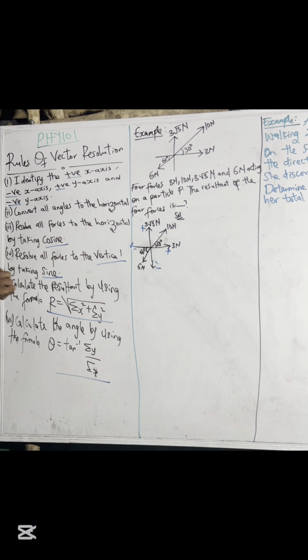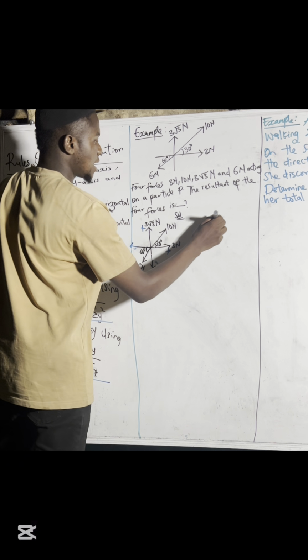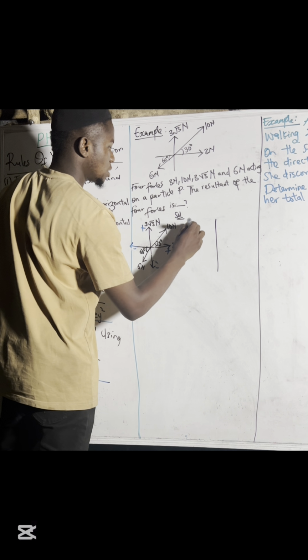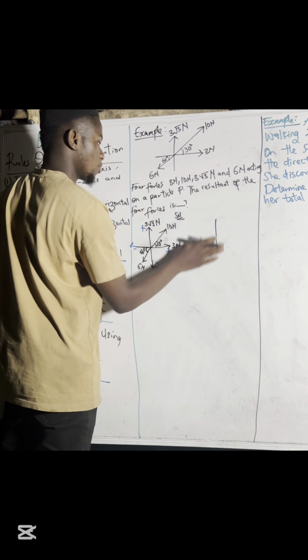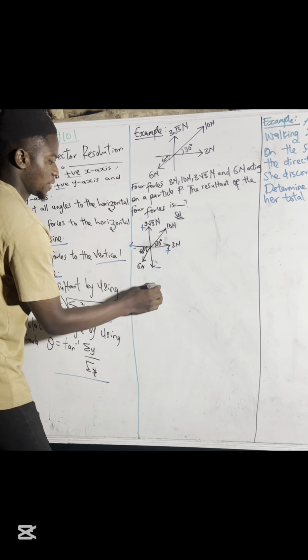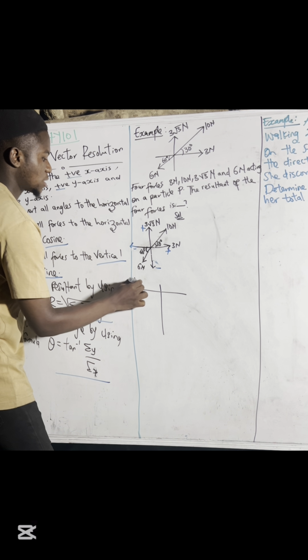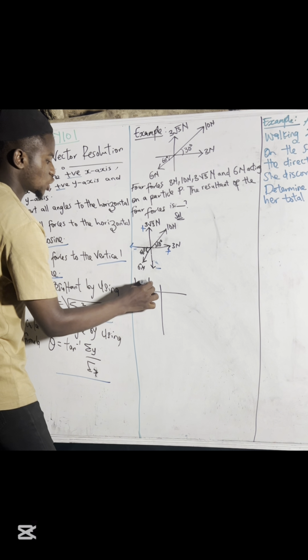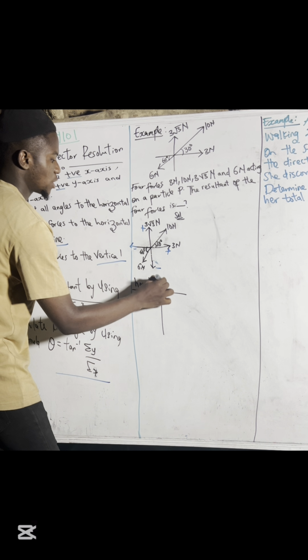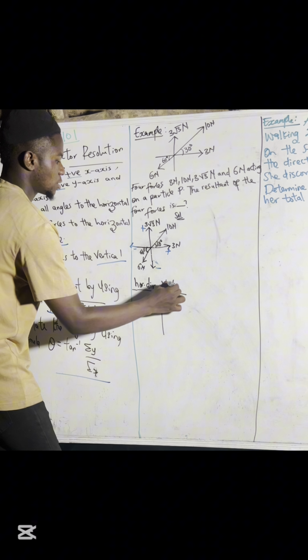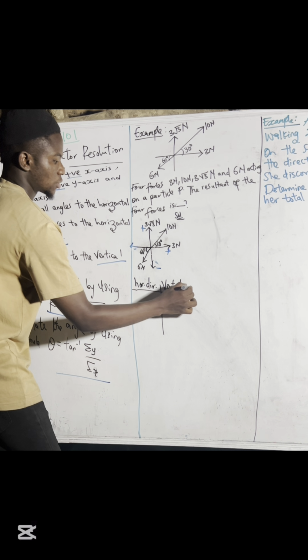So therefore, guys, the next one is resolve forces to the horizontal and vertical direction. So follow me as I'm doing it, guys. I will draw something like this. Here I'm going to write horizontal direction. Here I'm going to write vertical direction.